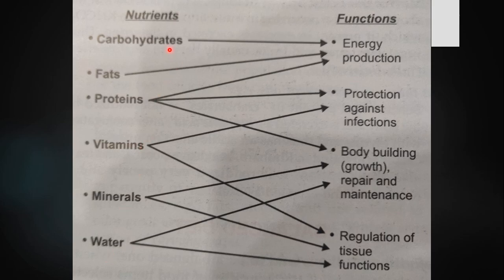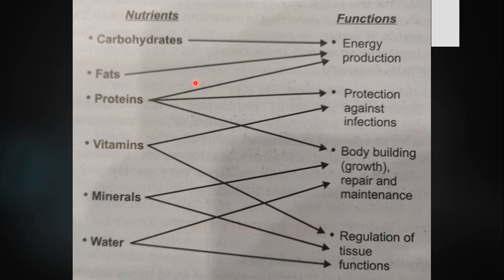If you see numbers 1, 2, and 3, that is carbohydrates, fats, and protein, these are the nutrients needed in larger quantity. You know, carbohydrate you take daily; how much carbohydrate is to be taken is mentioned in the chart, and definitely when we teach you, we will let you know that.